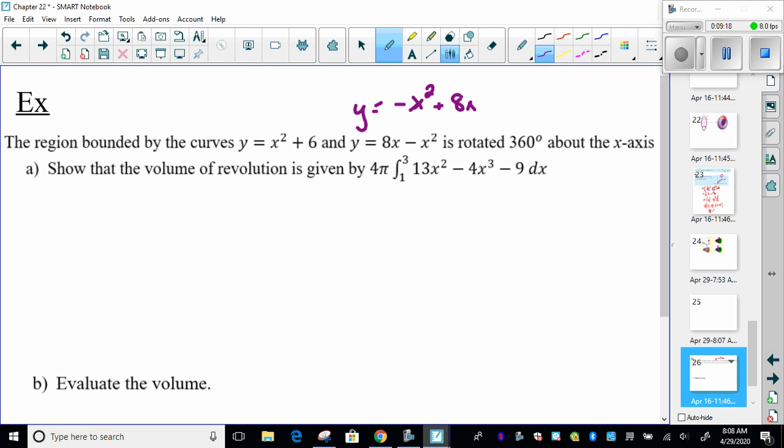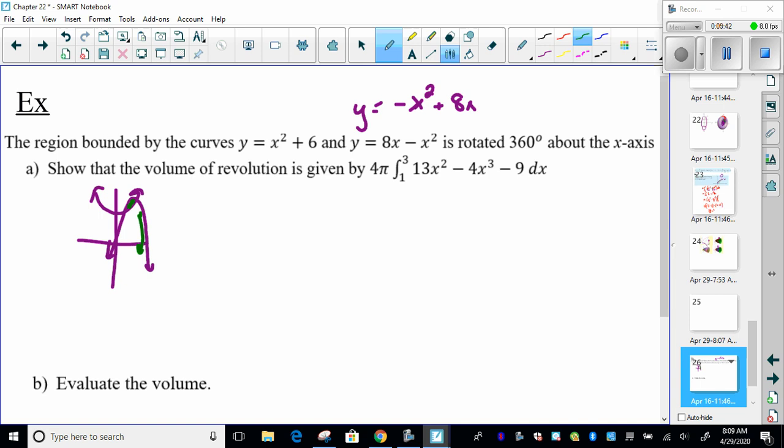So having an idea of that is helpful. Also, I know this is a parabola that moves 6 units up. This is a parabola that opens down. It goes through the y-axis, so it's going to be something like this, which means it's not a big region. I'm going to find that shape there that's going to revolve around the x-axis.